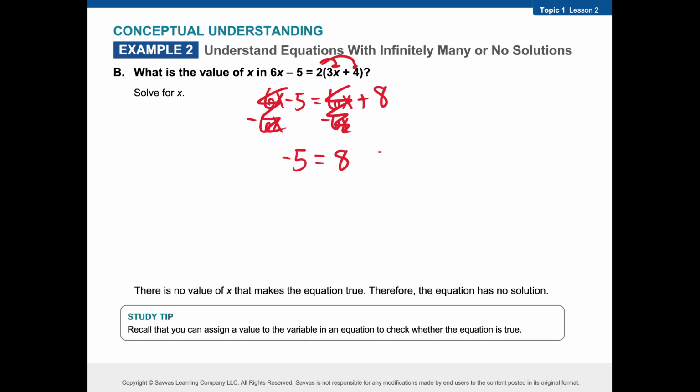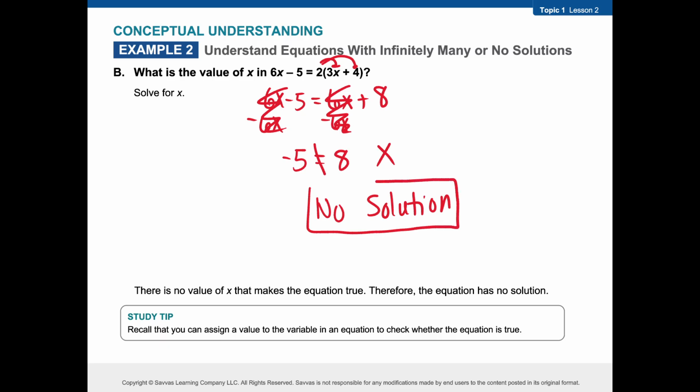I have a negative 5 equals a positive 8, which is not a true statement. So this would end up being a no solution. There is no value of the variable that would make it true, or make it an identity. So this equation has no solution.